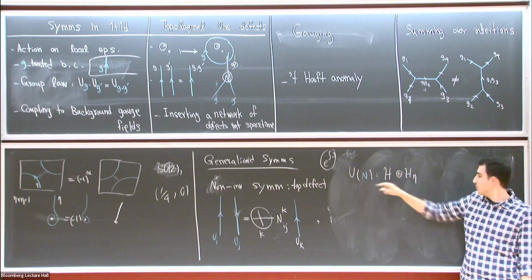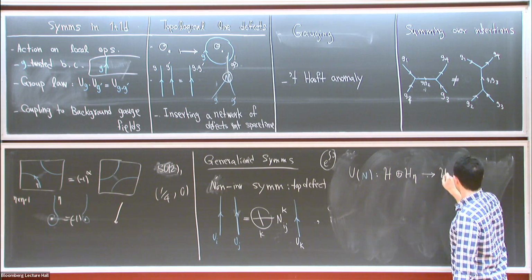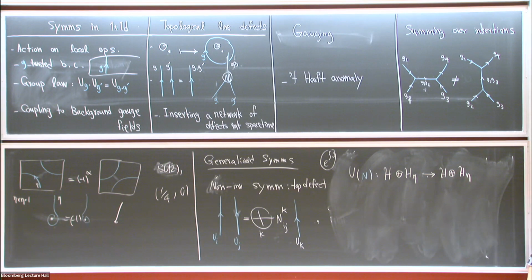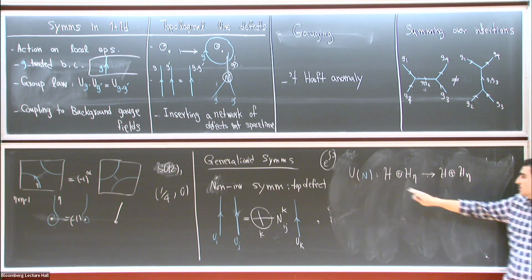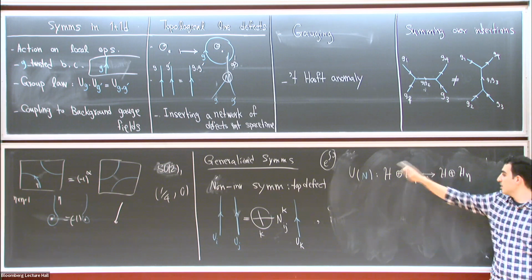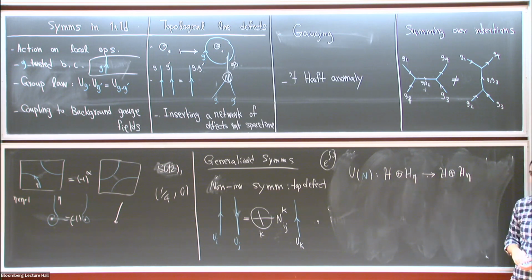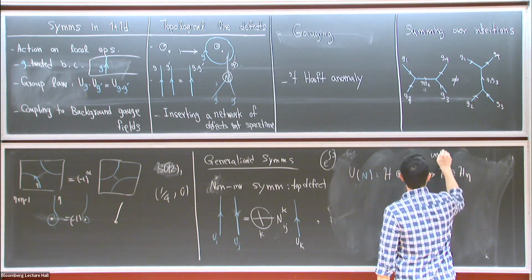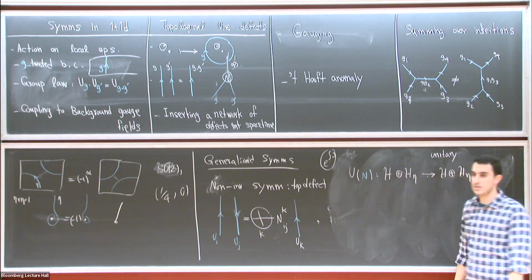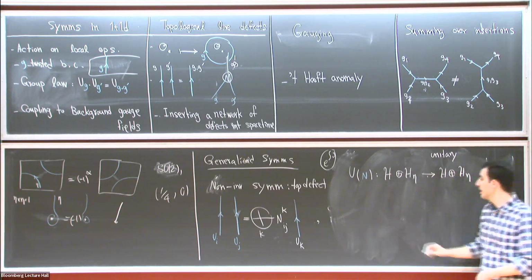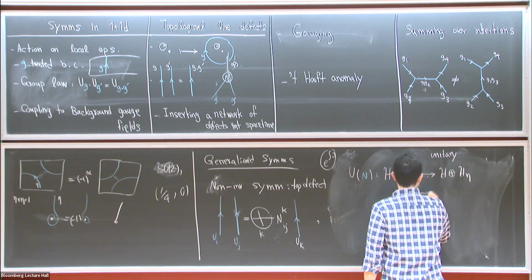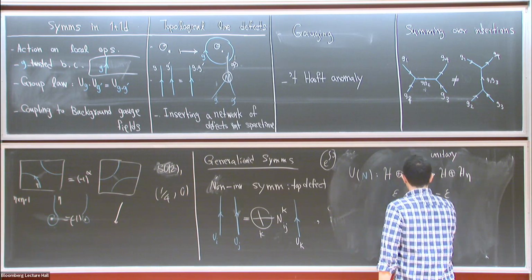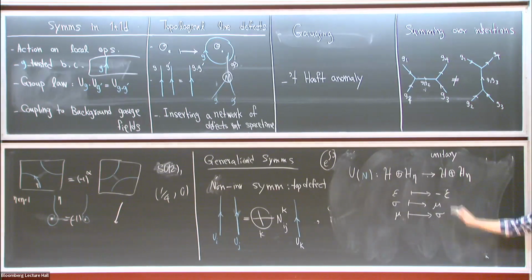So I have an operator which is a map from this extended, bigger Hilbert space to itself. For invertible symmetry this only acts on the ordinary Hilbert space, but here I have a more general action. An important point is that in this particular case, this is unitary. Even though I started with a non-invertible symmetry, this operator is unitary. And how it acts: it sends epsilon to minus epsilon, it sends sigma to mu and mu to sigma. So it acts kind of like Z2.